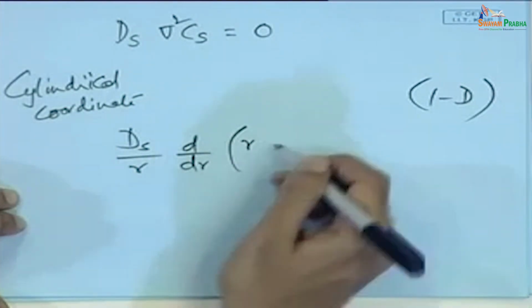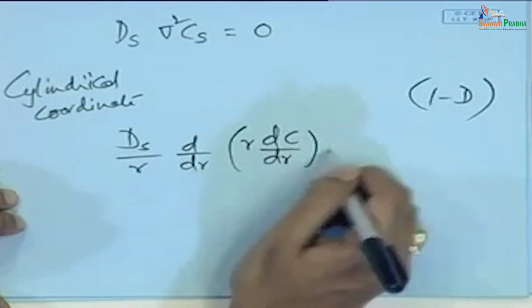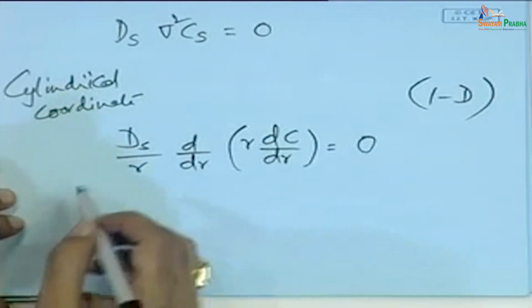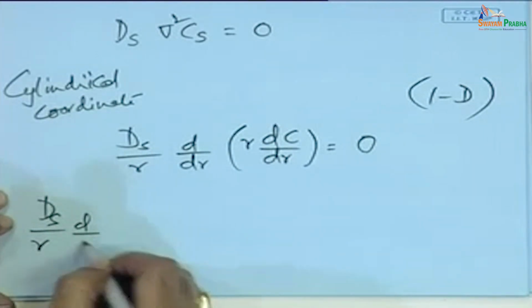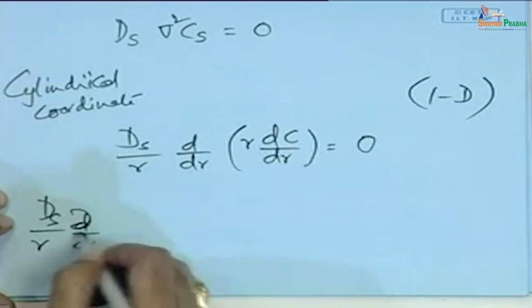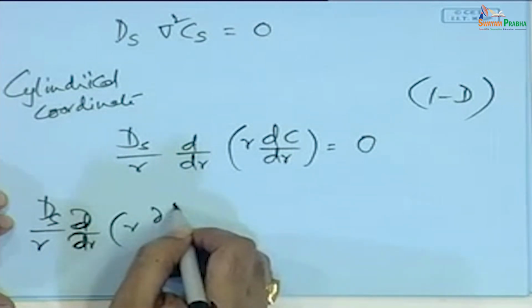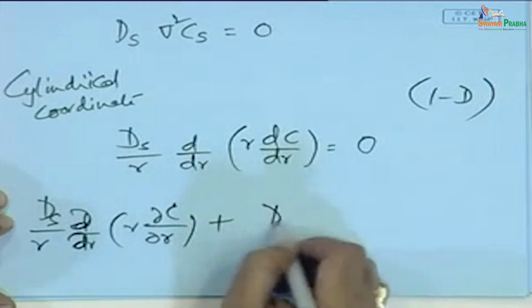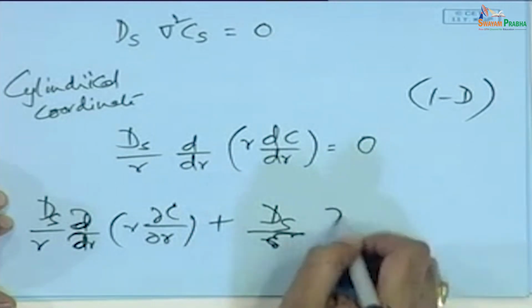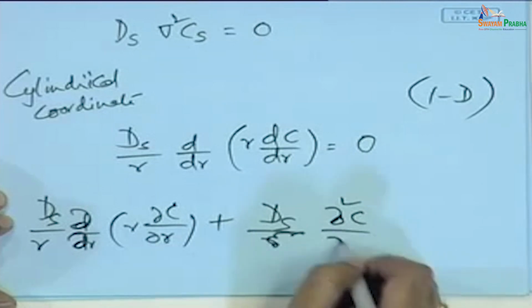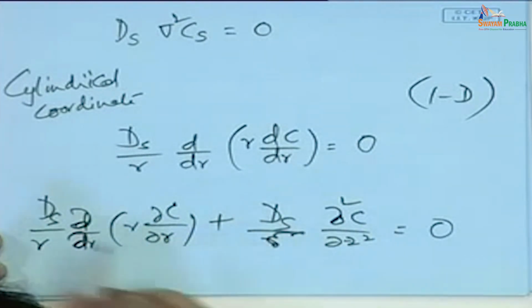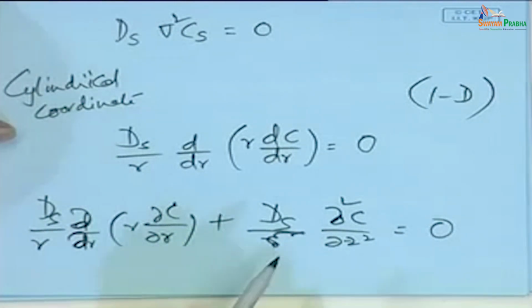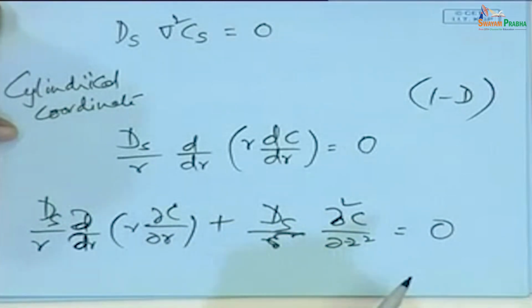This is 1D, and then 2D would be D_s times 1 over r del/del r of r del C/del r, plus D_s times del squared C/del z squared, equals 0.